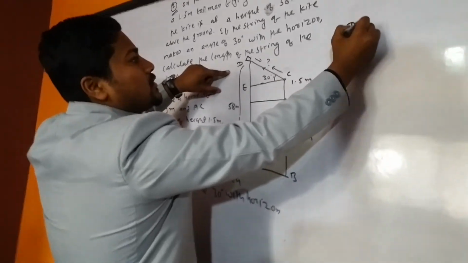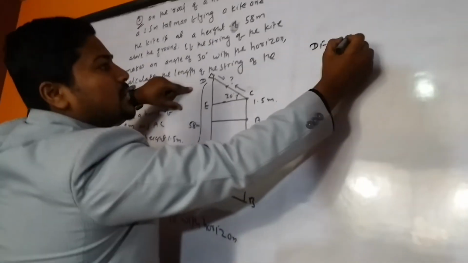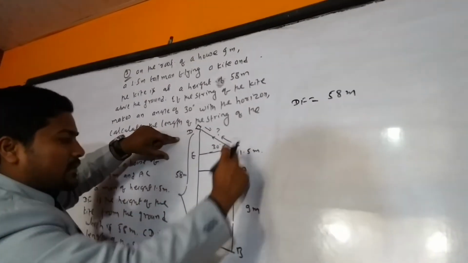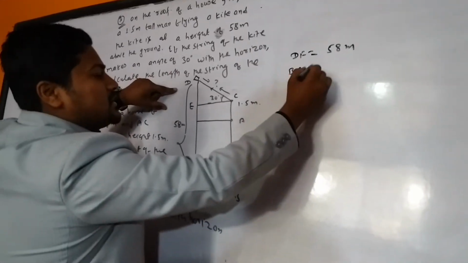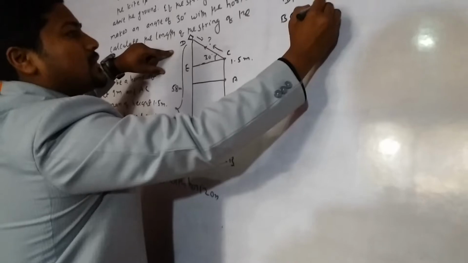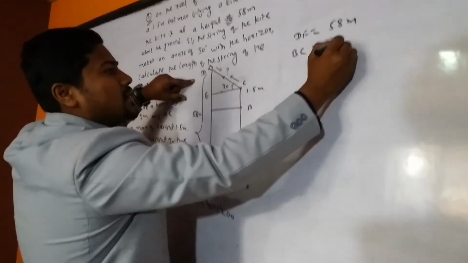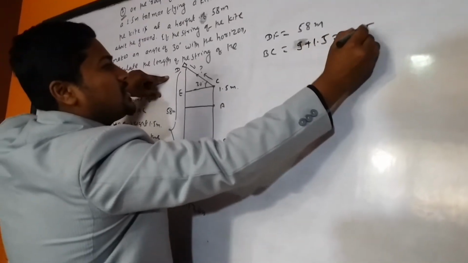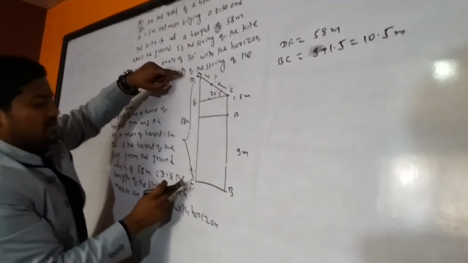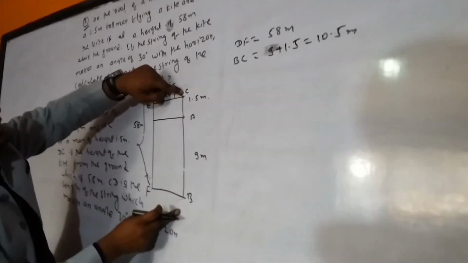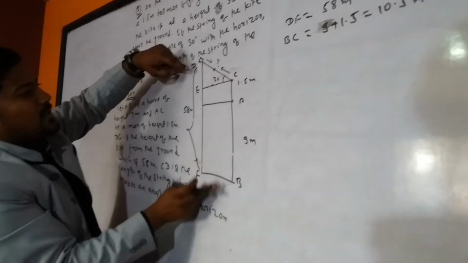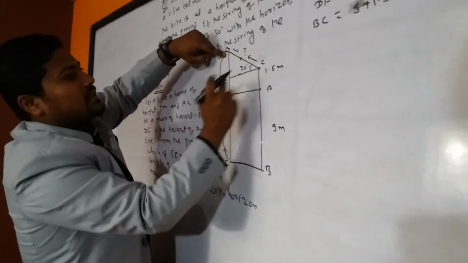First of all, DF is given in your question, 58 meter. After that BC is given, 9 plus 1.5 meter, means 10.5 meter. Now DF is given, BC is given, and we have to find DE.